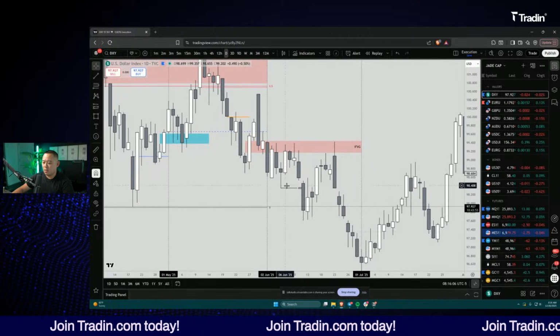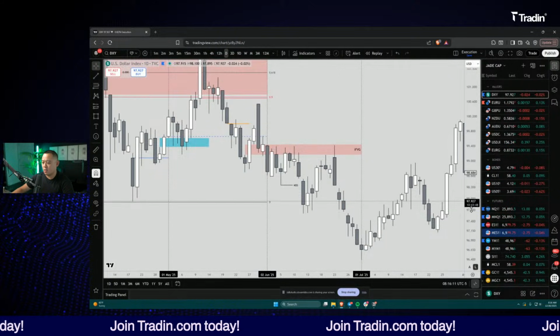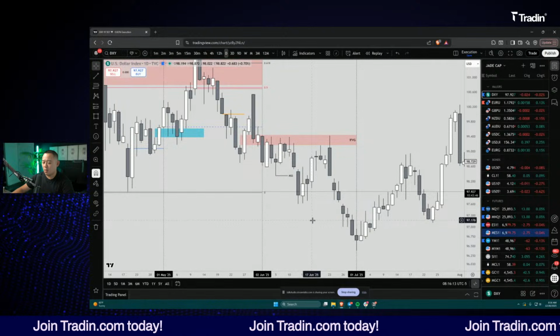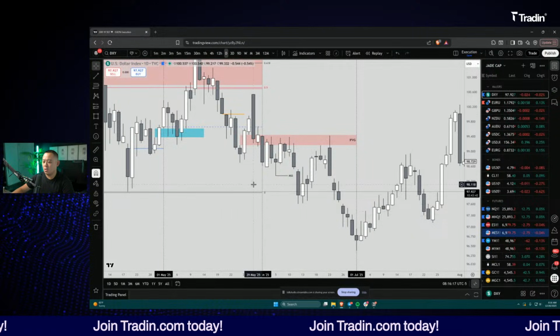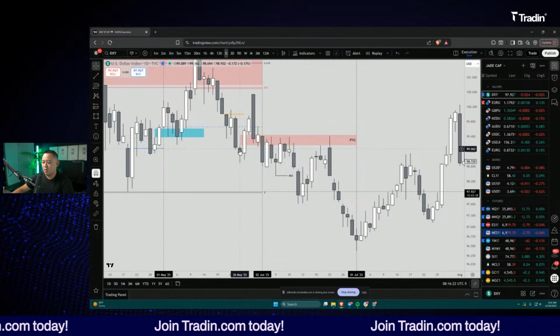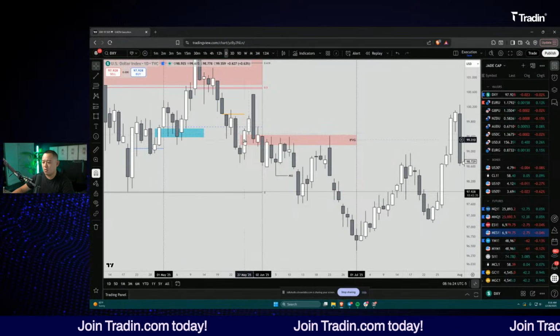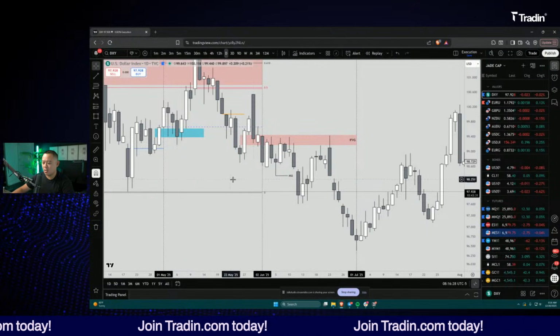It's all gaps in liquidity. Yeah, exactly. That's pretty much what we're looking at. We're looking at gaps in liquidity because they show us participants in the market. They show us momentum. So momentum or imbalance is our gaps, and then liquidity shows us where the stops are resting.